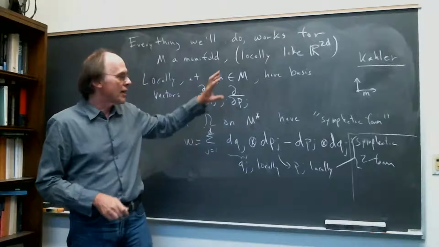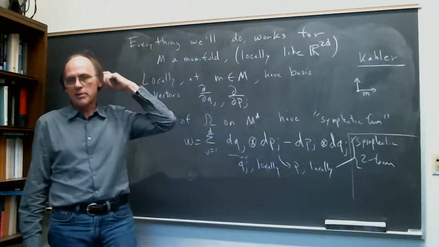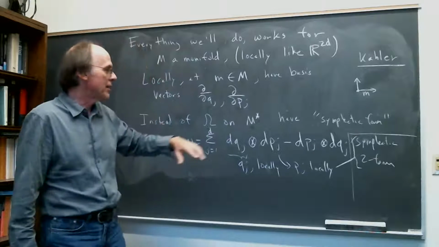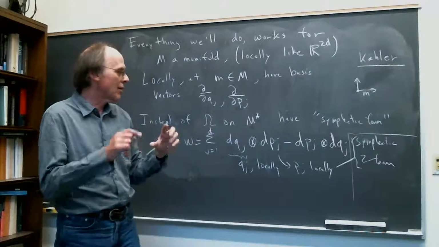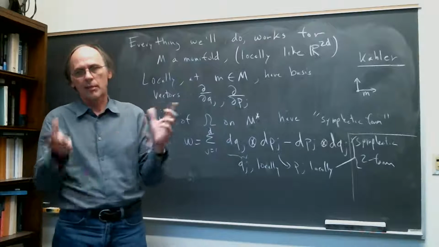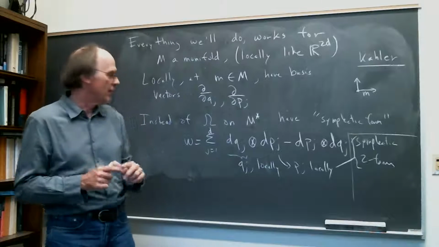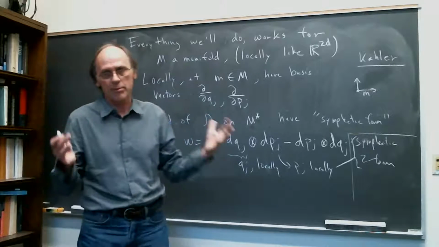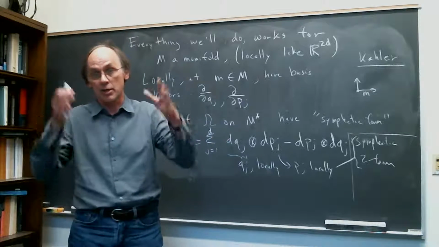If you take a more advanced geometry course from mathematicians, which physicists rarely get to, then instead of a local symmetric two-form, you think about a local anti-symmetric two-form, like this case. What I'm telling you about is what a mathematician would call symplectic geometry.